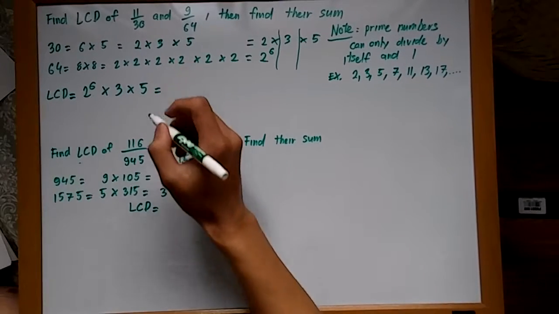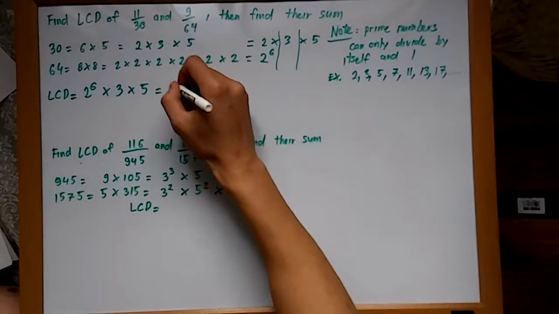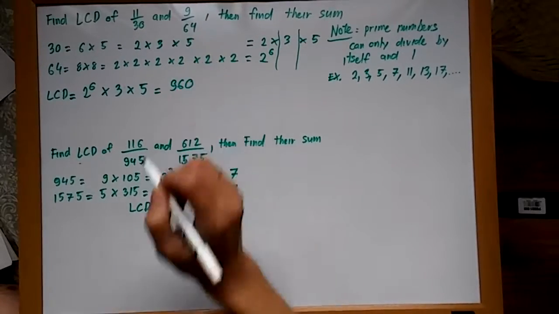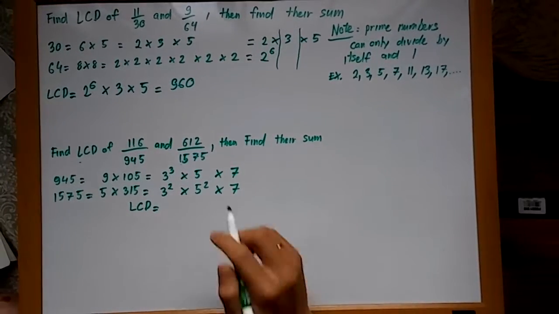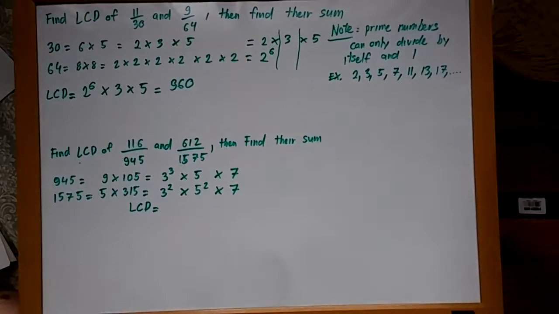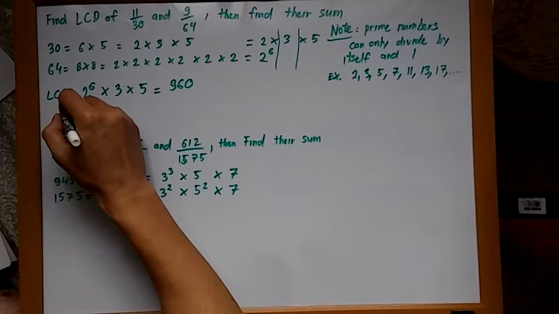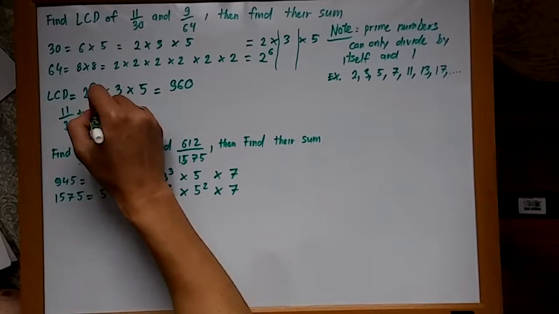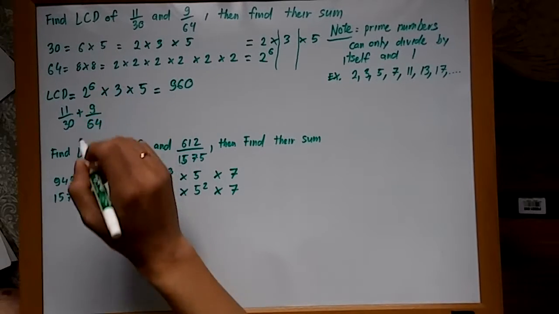So if you calculate that out, you get 960. So now that we know the LCD of both of these fractions, we can find their sum. So 11 over 30 plus 9 over 64.